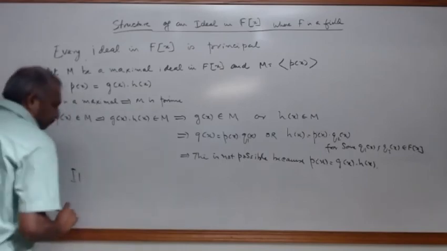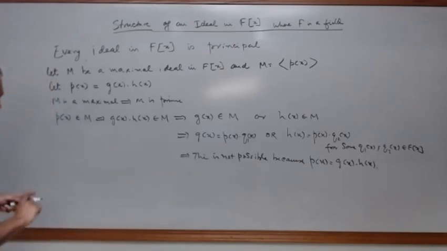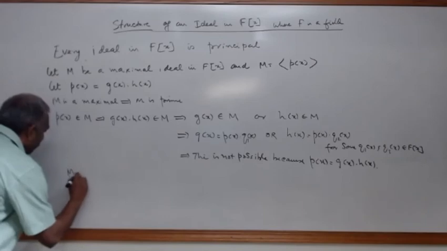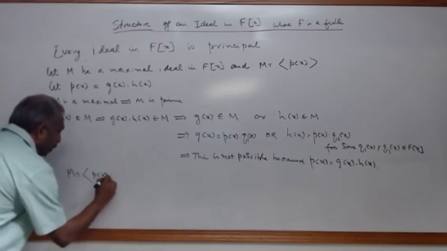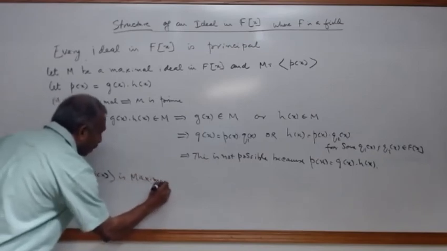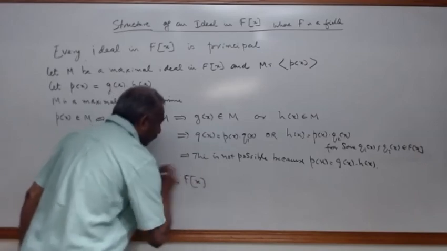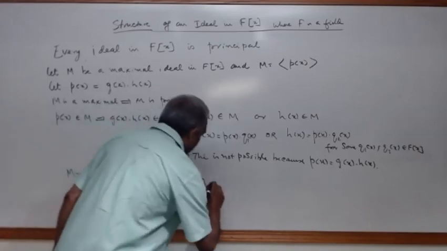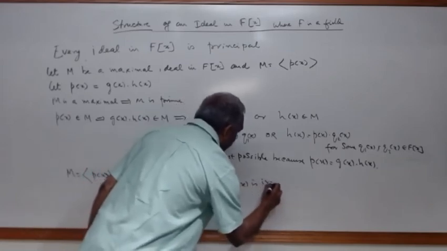Or let's write it like this: M equal to the ideal generated by p(x) is maximal in F[x] implies p(x) is irreducible.